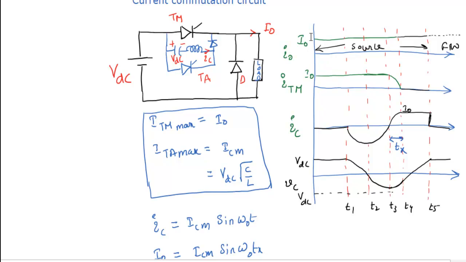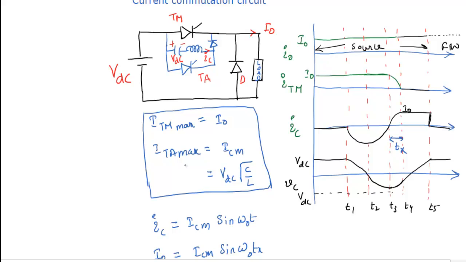First, we turn on the main thyristor, and after some time at T1 we turn on the auxiliary thyristor. Then voltage reversal across the capacitor happens, that is, after 180 degrees the commutation starts. So now assume both the thyristors are turned on together. That means at t equal to 0 both the thyristors are turned on.